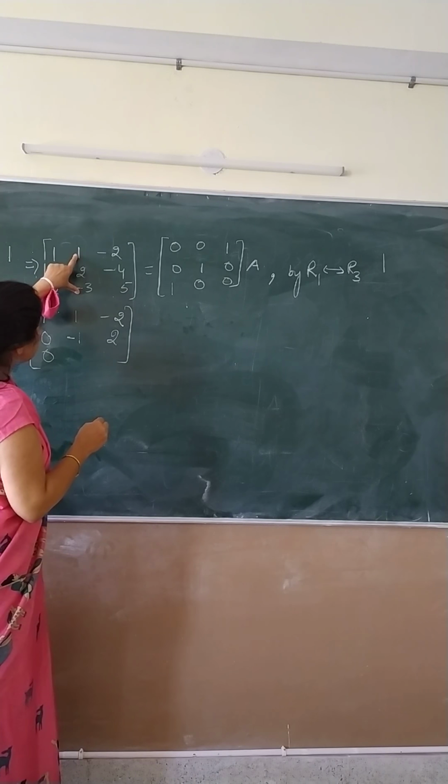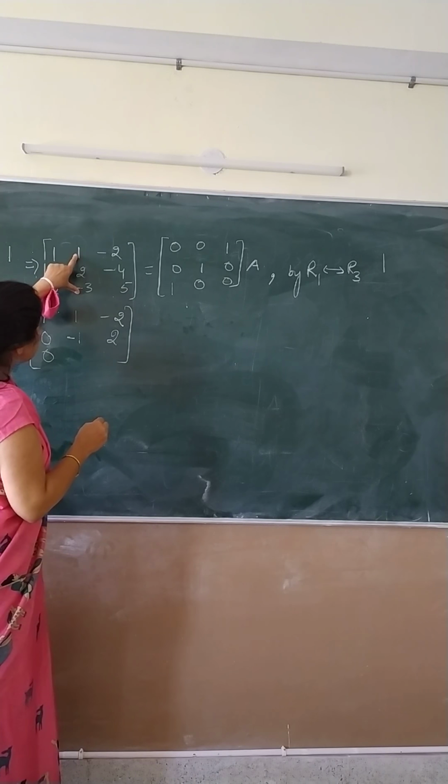This. Now after this, apply the operation over here on A. Which operation are we applying? We are applying on R2, R2 minus 3 R1, and which one? Applying the operation on R3.